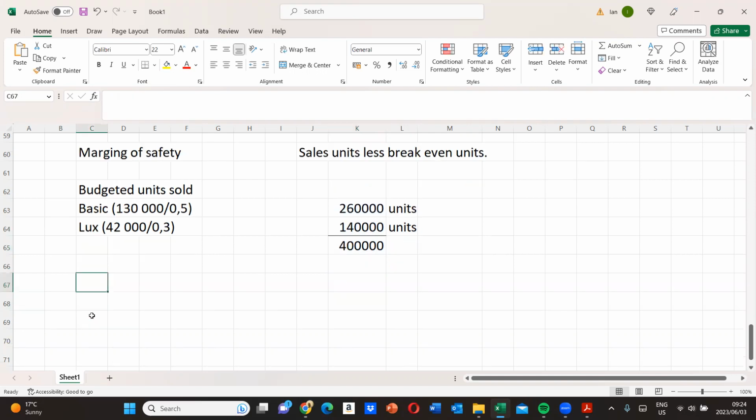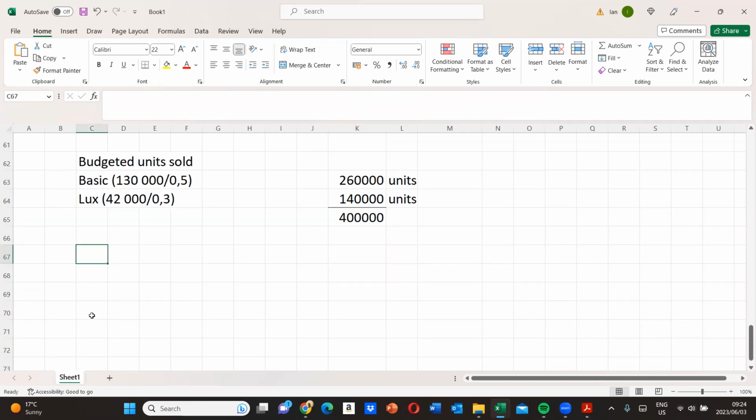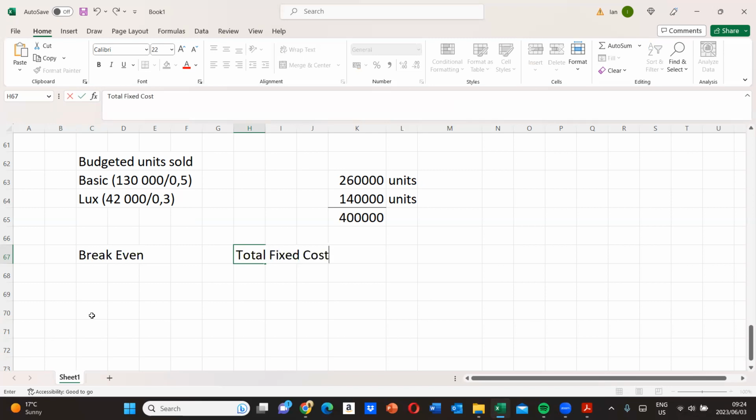Let's now look at break-even. How do you calculate break-even? Break-even is equal to total fixed cost divided by contribution. But in this regard, you have 2 products, so you're going to divide with weighted contribution.